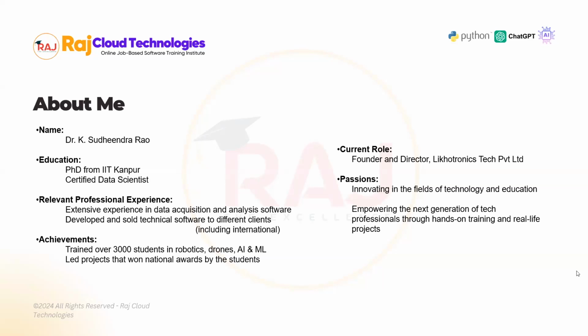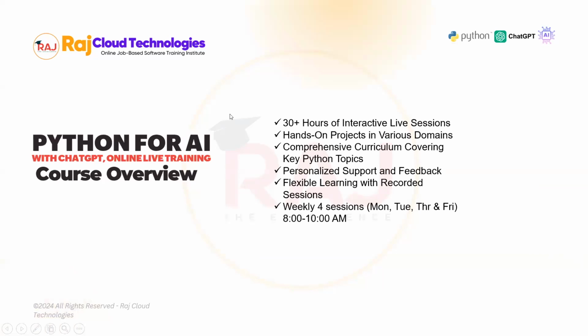This course, just to give you an overview, has around 30 hours of interactive live sessions. We'll be having 15 sessions, 2 hours each, each having an extensive curriculum covering the key basic Python topics.